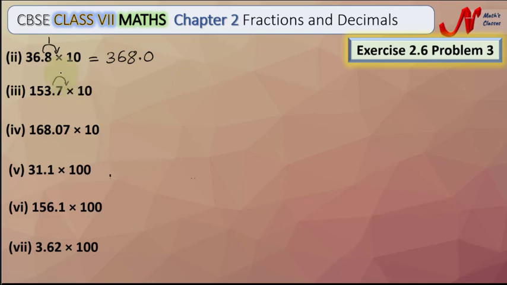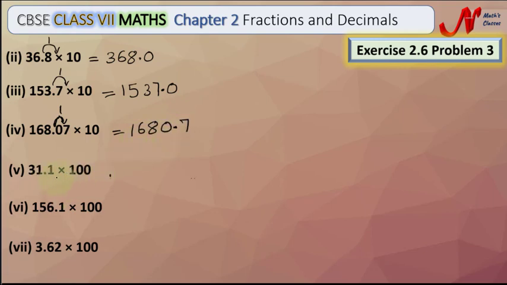So we shift the decimal point one place to the right side. So we can write 1537.0. Next, here we are multiplying with 10, so it has 1 0. So we shift the decimal point one place. So we can write 1680.7.